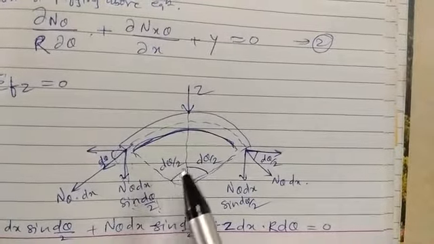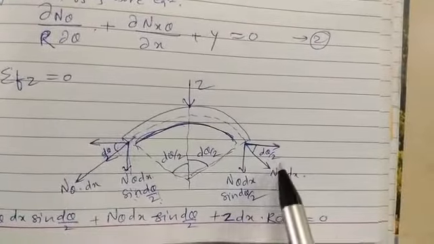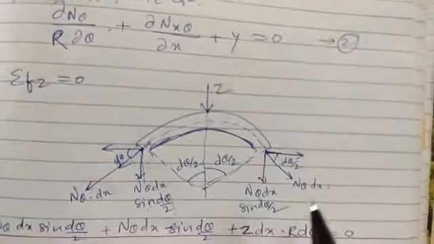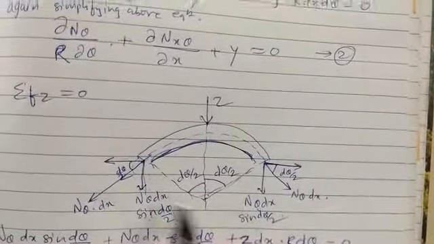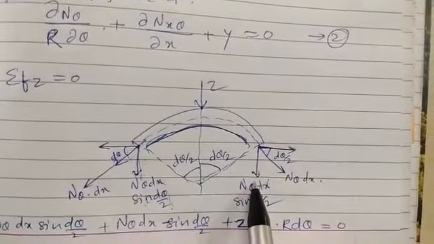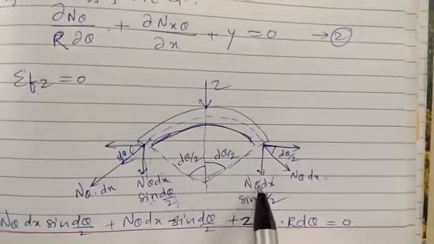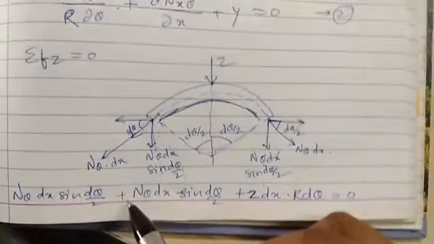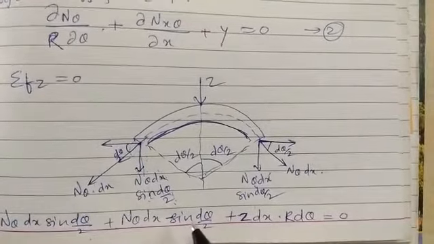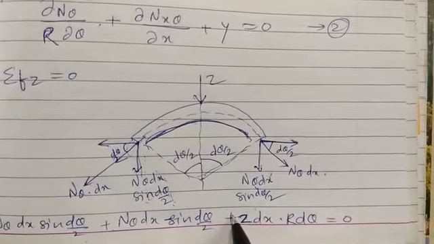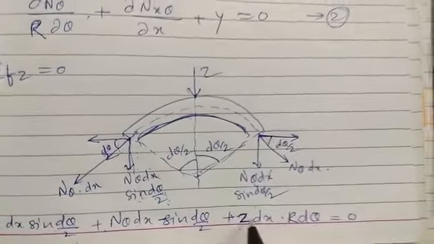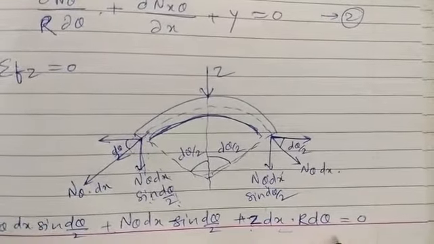Similarly here also we have taken one component in z direction. So we have two components of forces acting in z direction, both in downward direction. So n theta dx sine d theta by 2 plus n theta dx sine d theta by 2 plus z, the force per unit area acting in z direction, so we have taken z into area.